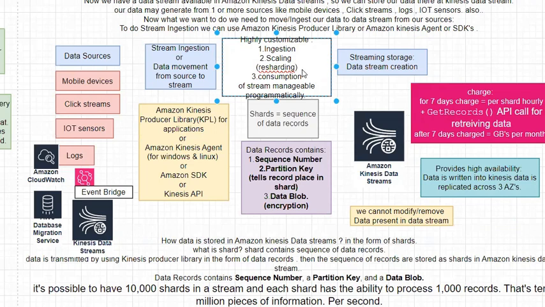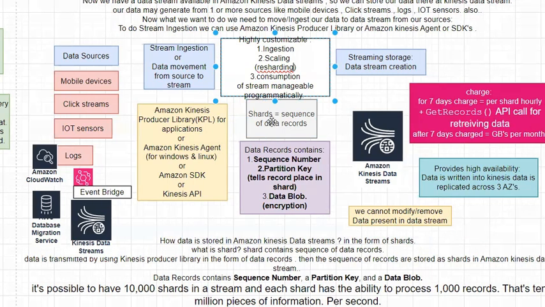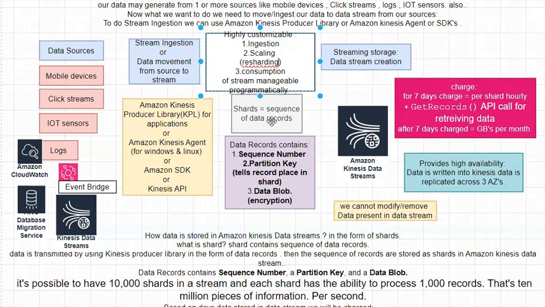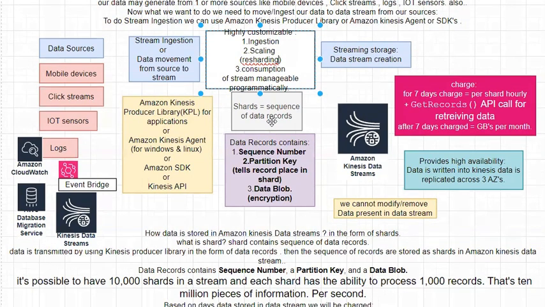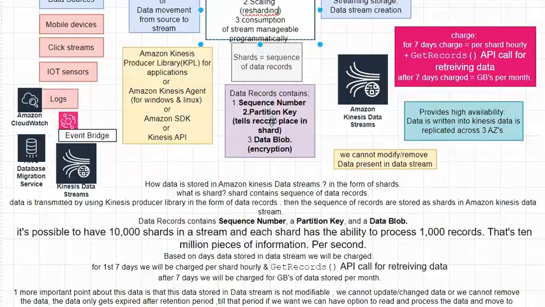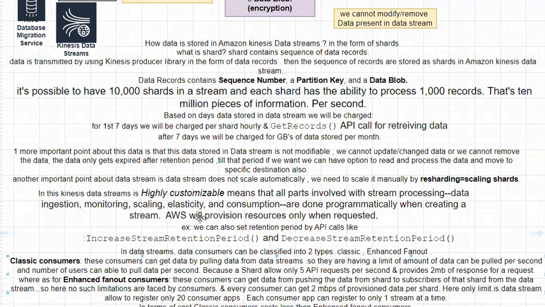Before that, let's have a small point regarding retention period. Let's say I have created a stream with provisioned mode. Can I increase or decrease the retention period? Yes, we can do that. Whatever the stream may be, after you create your stream and it comes to active state, you can do these two things: increase or decrease your stream retention period by using two API calls.